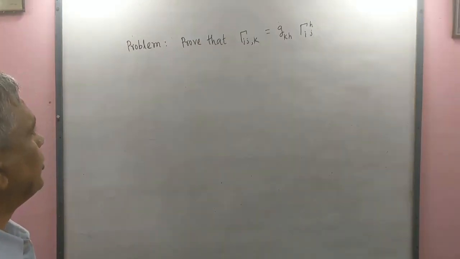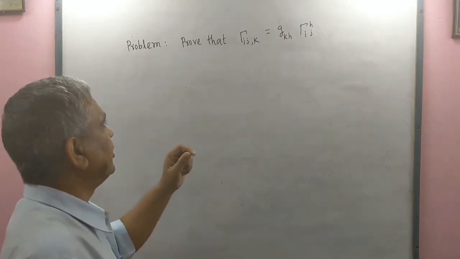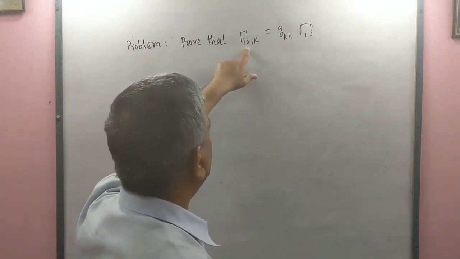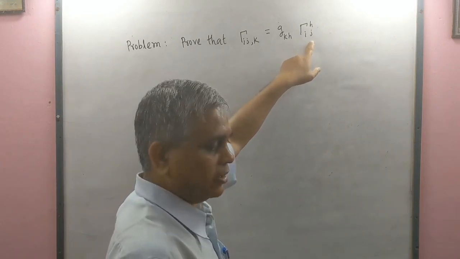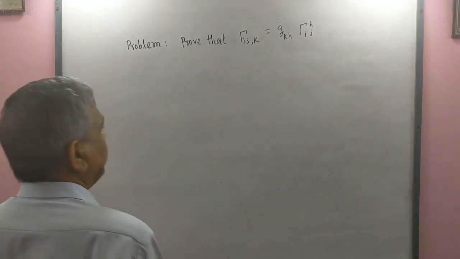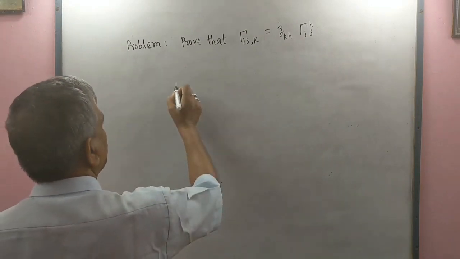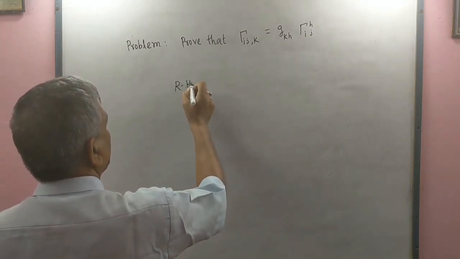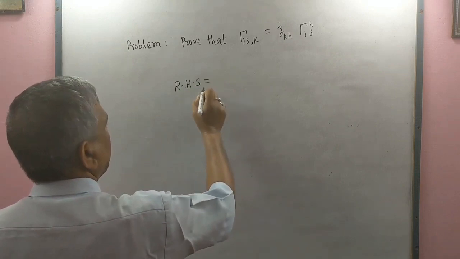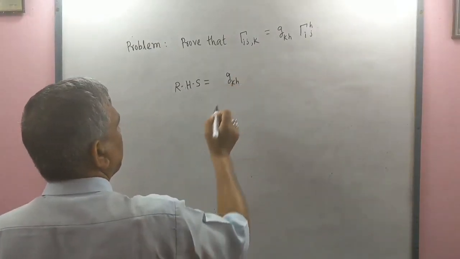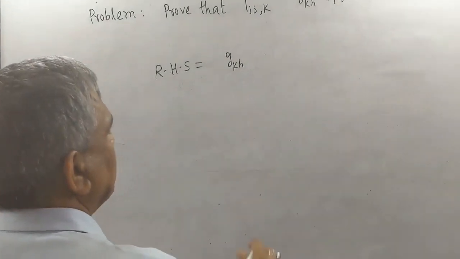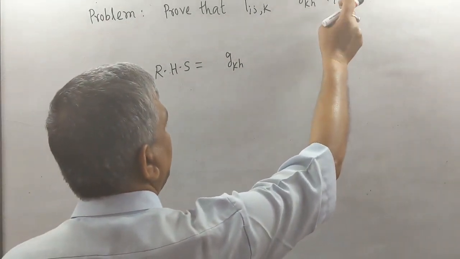Now we shall prove a problem which includes the relation between Christoffel symbol of first kind and Christoffel symbol of second kind. Firstly write the right side, g^kh. This is Christoffel symbol of second kind.